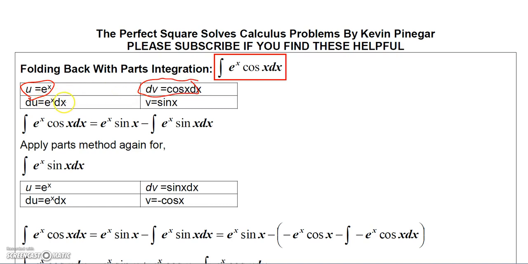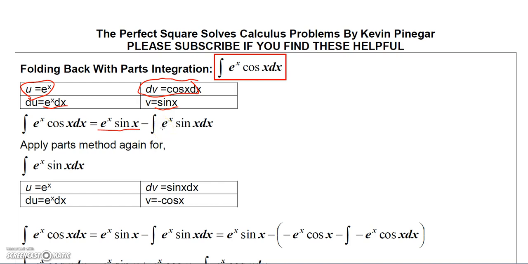Okay, so we know that we can take the derivative and get du is simply e to the x dx, and then we can integrate this side and get that v is sine x. And then we use the formula uv, which would be e to the x sine x, minus the integral v du.